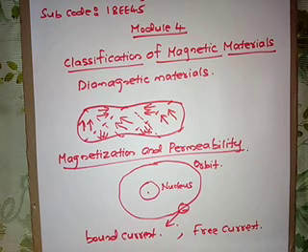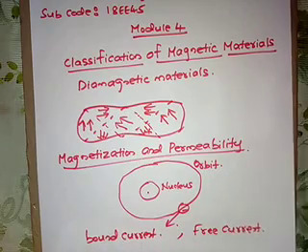The field produced due to movement of bound charges is called magnetization, represented as M bar.